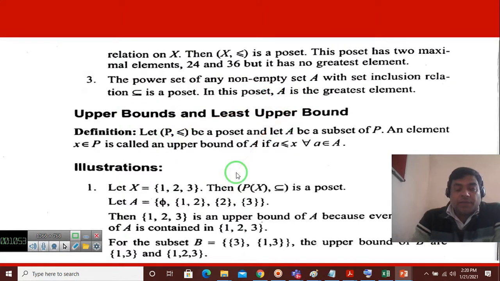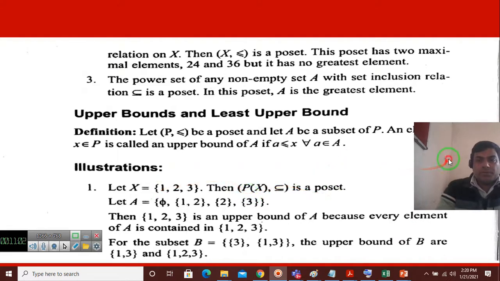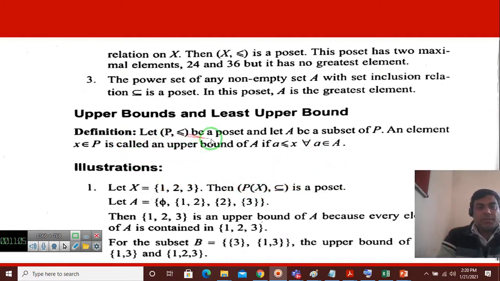Least upper bound and greatest lower bound are very important topics that will be covered in the lattice, but we should know a little bit about them here. Let P be a partially ordered set, A a subset of P, and an element X belonging to P is called an upper bound of A if, in the less than or equal to relation, a is less than or equal to X for all a belonging to A.